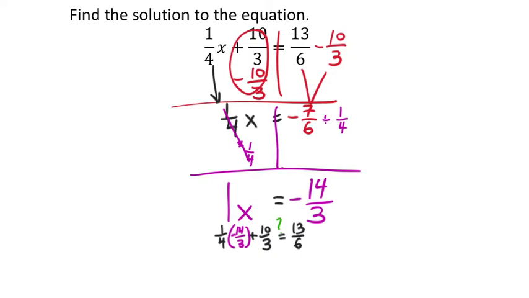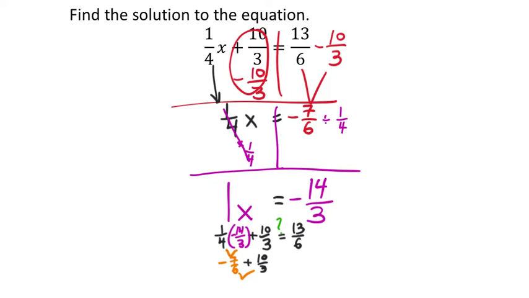And so in my calculator, I got 1/4. And then I multiply this, so you can use parentheses, the -14/3. Close your parentheses, push enter. And when I do that, I get -7/6. Now I will add the 10/3. And when I add the 10/3 to my -7/6, I should get 13/6.